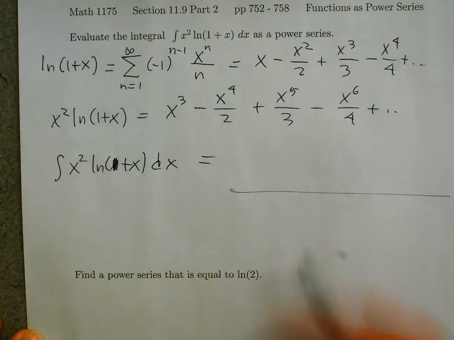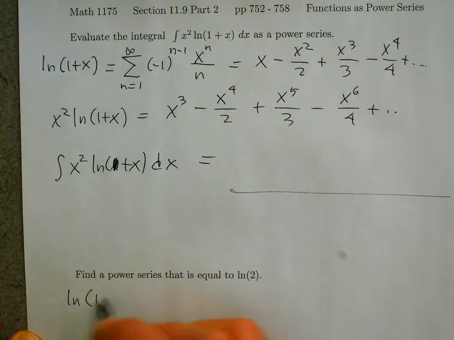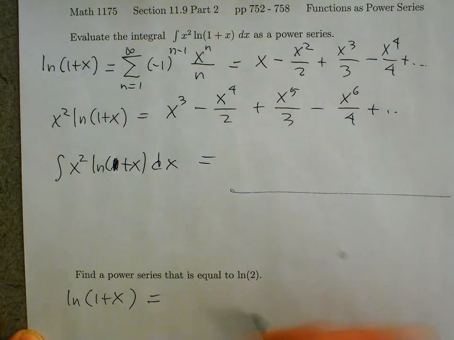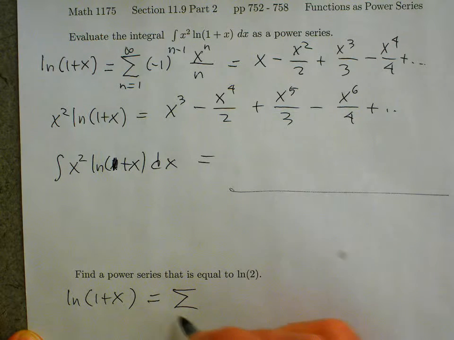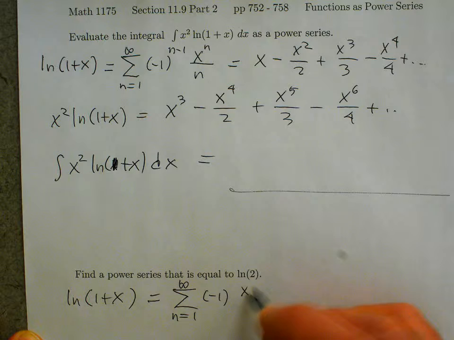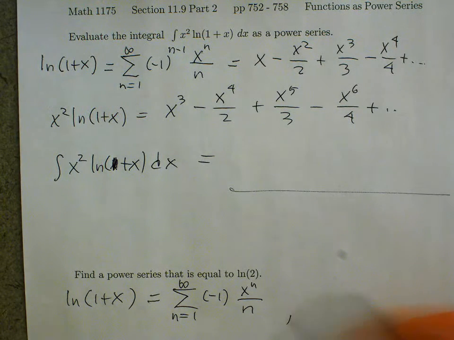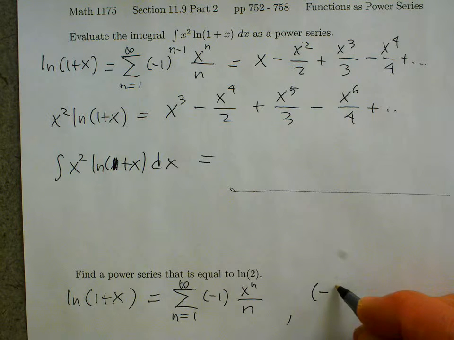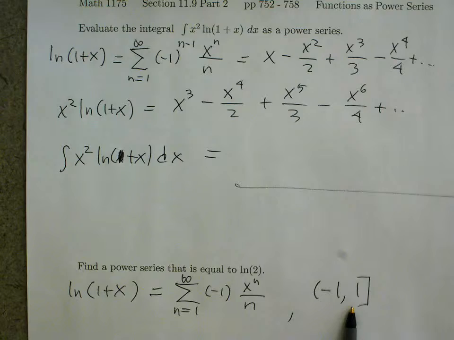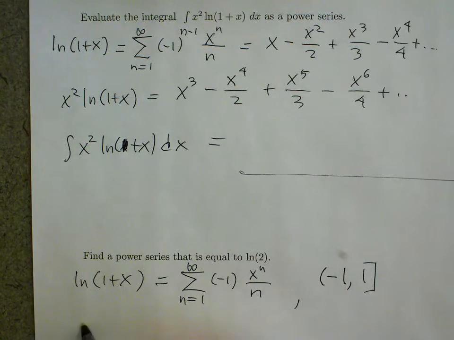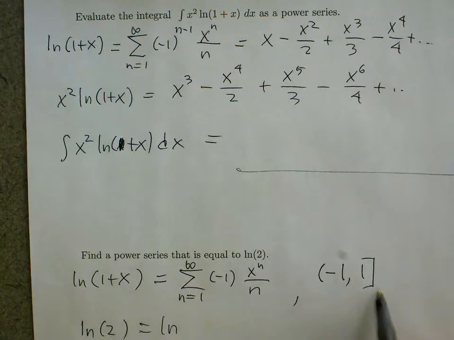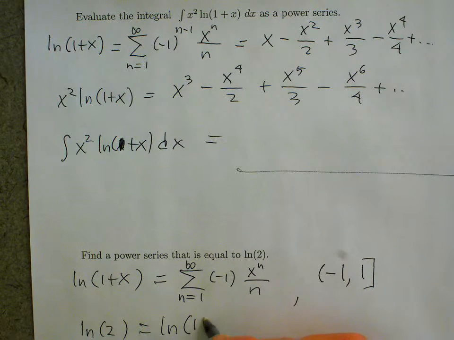Since the natural log of 1 plus x is equal to this power series, and the interval of convergence is from -1 to +1, including +1, then the natural log of 2 is the natural log of this with x replaced with 1.